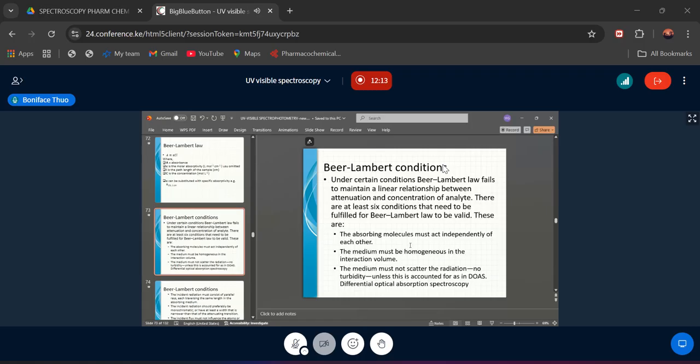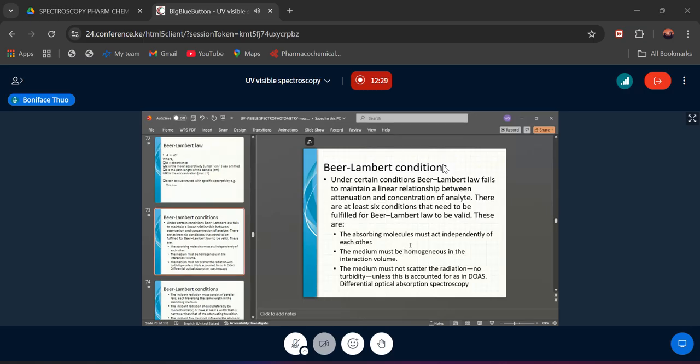The necessary conditions for the application of Beer-Lambert's law include that the absorbing molecules must act independently of each other.